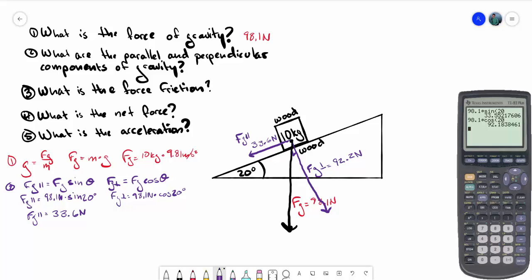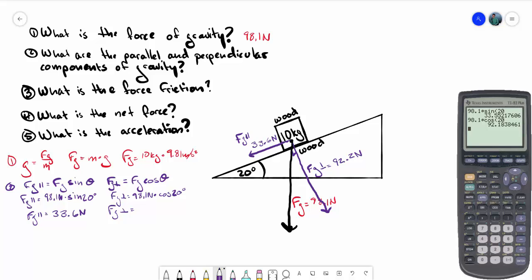So when you solve for these values, hopefully you put them into the context of the question, and if you made a mistake, you can identify that mistake quickly. So for example, if I found the force of gravity parallel to be 92.2 newtons because I accidentally used the wrong trigonometric function, that would seem like quite a large value for such a small incline.